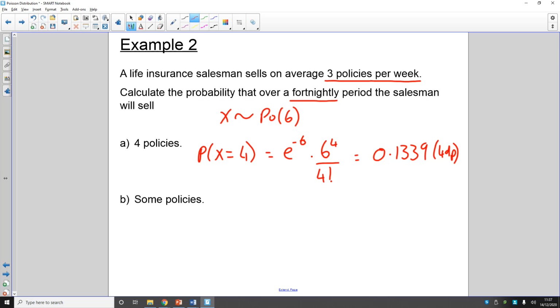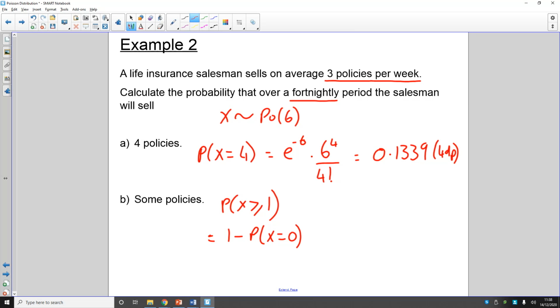What's the probability that over this fortnightly period, this salesman sells some policies? Well, just interpreting that he sells some means that he sells one or more. So that's asking us to calculate the probability that x is greater than or equal to 1. Well, that's 1 and above. So to work that out, the quickest way would be to work out 1 minus the probability that x is equal to 0.